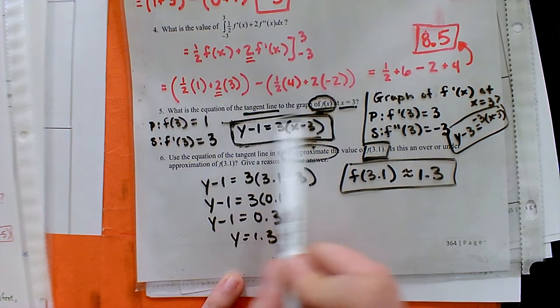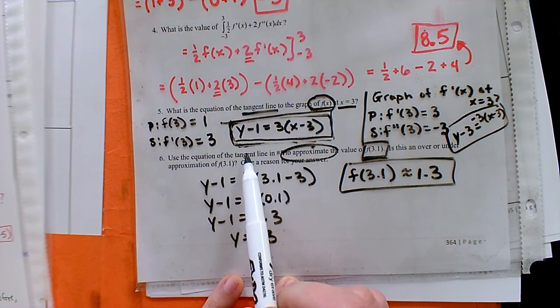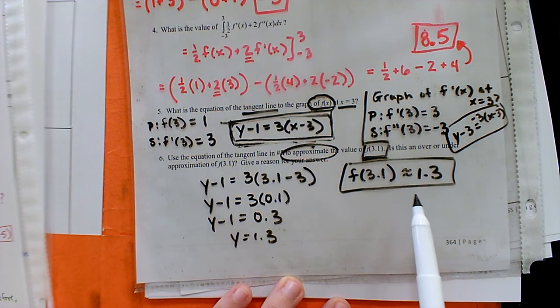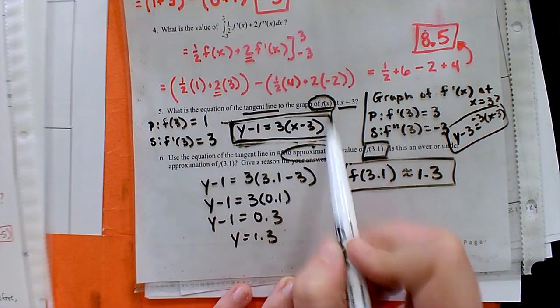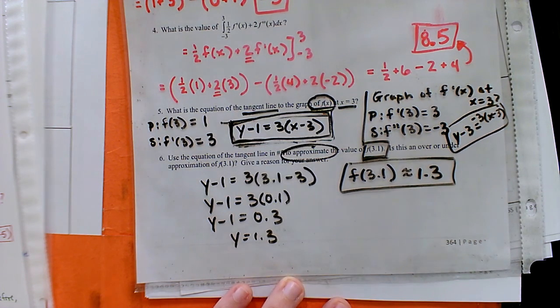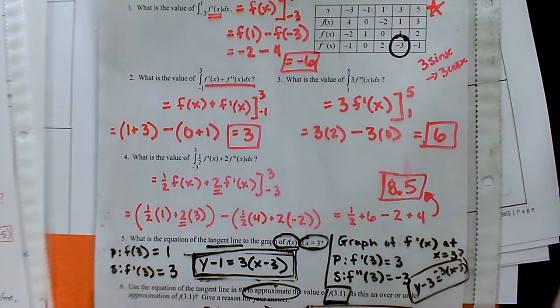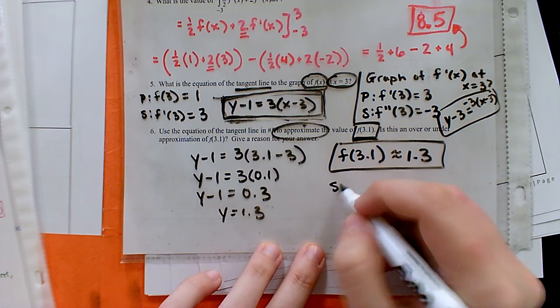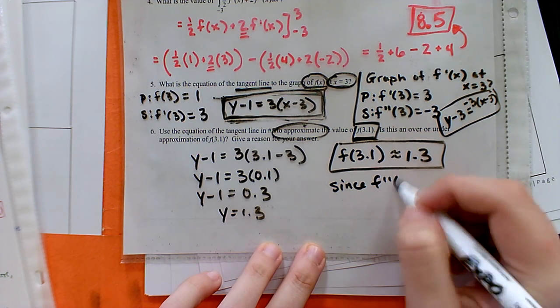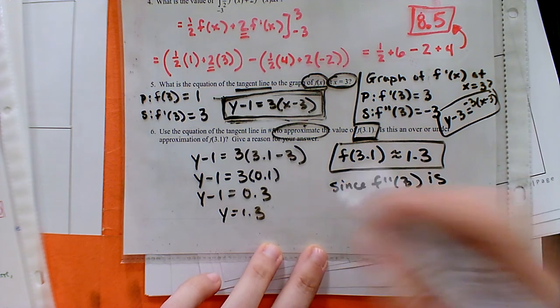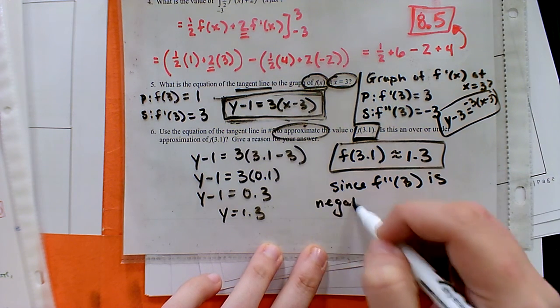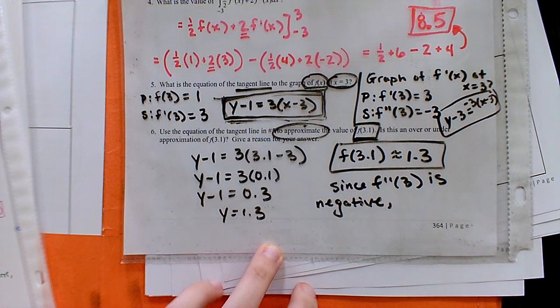Notice how we use this tangent line equation, centered at the x value of 3, to help us get this approximation. So it's still an over. Since the second derivative at 3 is negative, what does that tell us?